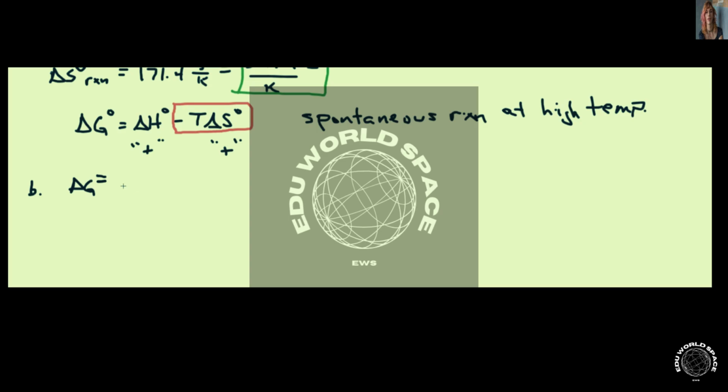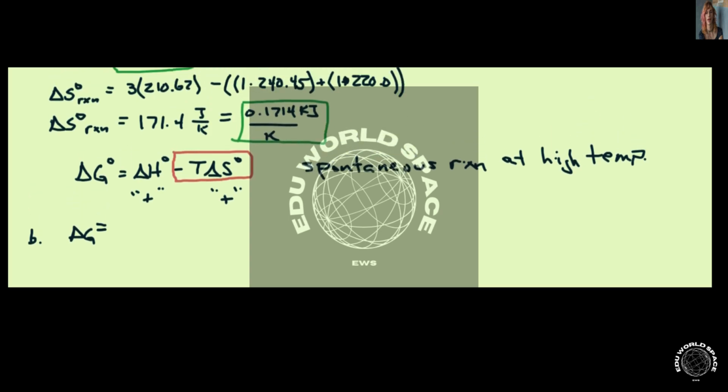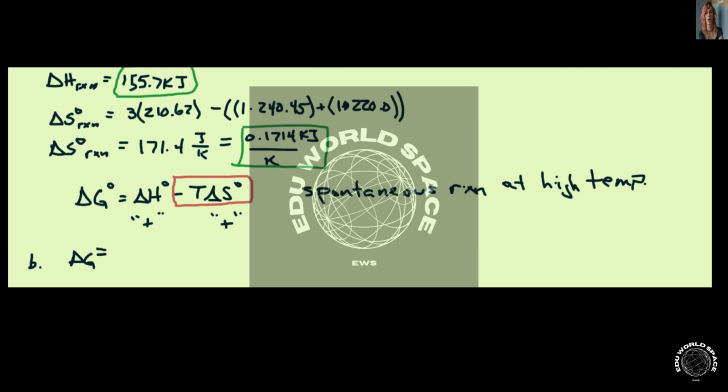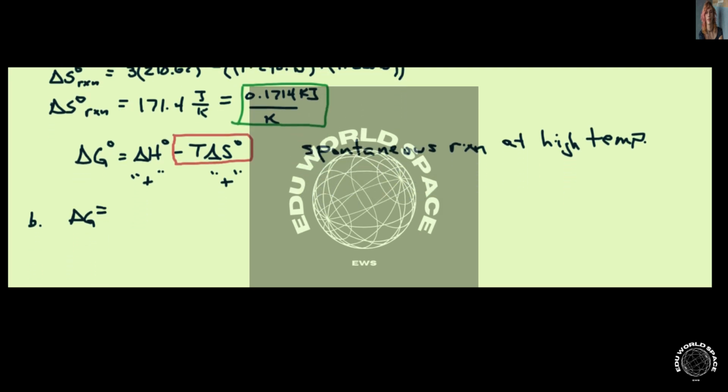So when we look at 800 Kelvin, we get our values of delta H and delta S and plug them into the Gibbs free energy equation. We have our 155.7 kilojoules, and we're told it's at 800 Kelvin, so minus 800 Kelvin times the delta S in kilojoules per Kelvin, which is 0.1714 kilojoules per Kelvin.